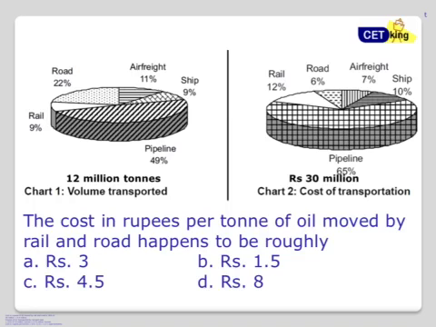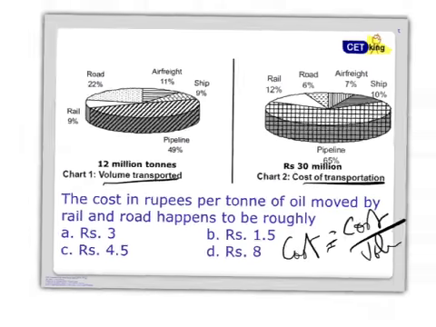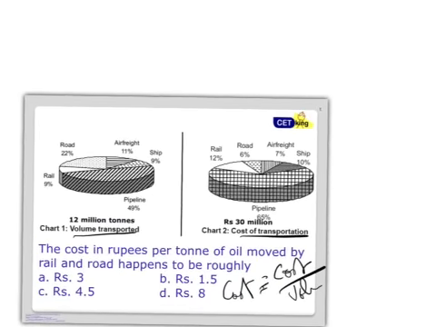Now this is the volume transported and this is the cost of transportation. So to find the cost per ton, I have to find out the cost of transportation divided by the volume. This is what the formula is supposed to be. Let's look at the cost here.